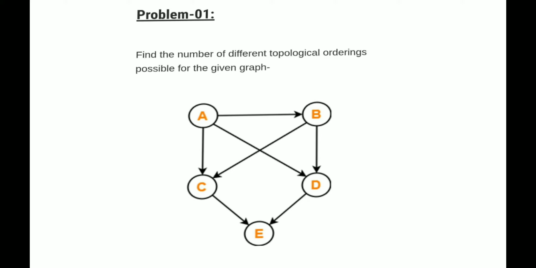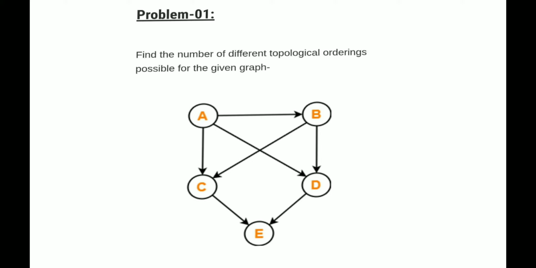Let us consider this graph as an example. This is a directed acyclic graph. Directed graph means the graph having directed edges. That's why it is called a directed graph. Acyclic means there are no cycles.